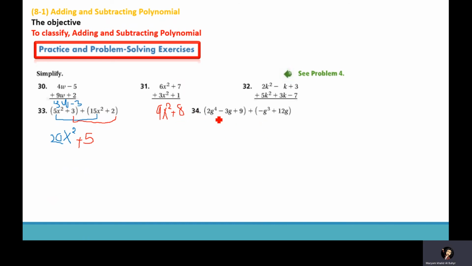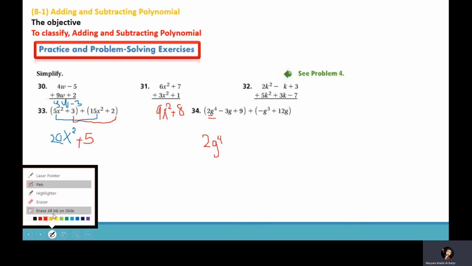These two. Okay. Here I have g to the power 4. Should I add it with g to the power 3? No, I cannot add it at all. So let me do the same thing that I did step by step. Is there anything like this term? No, nothing, just drop it. 2g to the power 4.